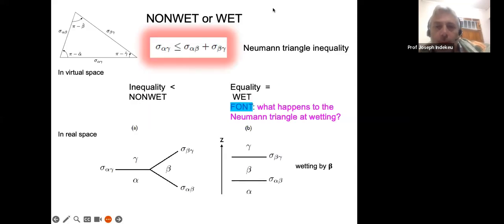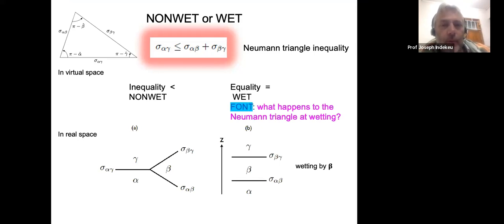Now, here we come to the essential point of the distinction between wetting and non-wetting. To understand this, we start from the representation in the upper left, which is the Neumann triangle. And we note that, as in every triangle, each side is in length less than the sum of the other two sides.